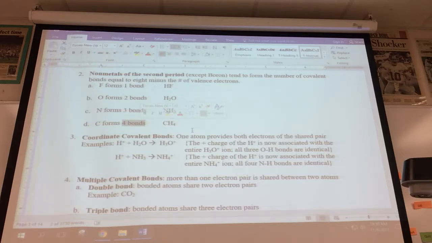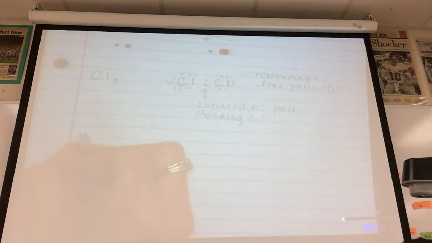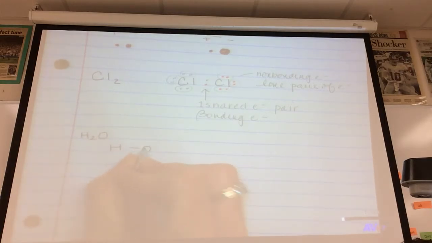With like H2O, isn't it? Like the lone pairs are like not exactly on top and bottom. What you're looking at there, for example, if you had water, if you just drew it crudely, you'd have this.